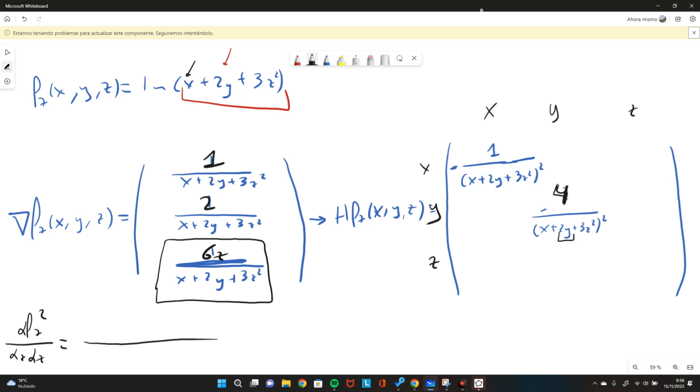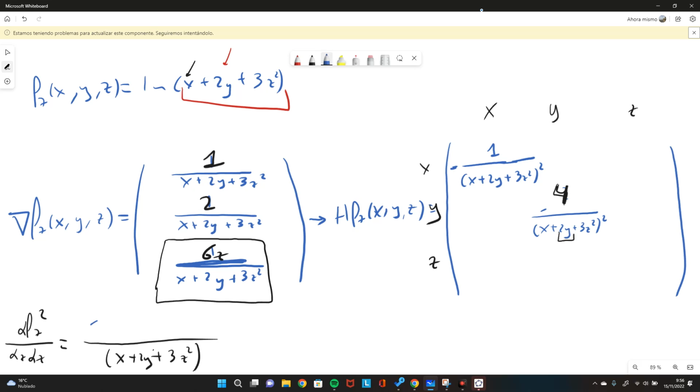In the denominator, it's this to the power of 2. And what we have to do is perform the normal rule of the derivative, in blue for example.